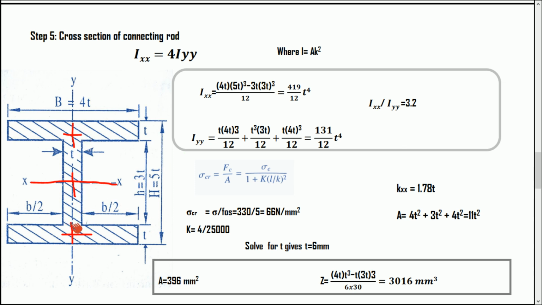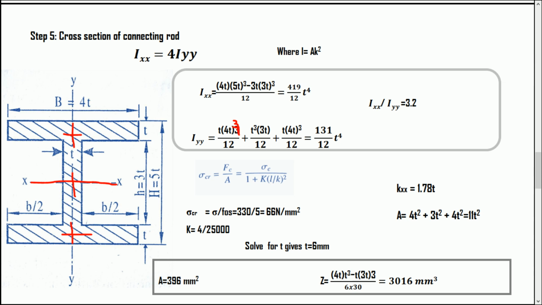If we consider this particular axis, this is going to be the breadth and this is the thickness. That comes t into 40 cube by 12. This is not into 3, it is cube. This has to be cube. Please make a note of that. This is not 3, this is power 3. Just t into 40 cube by 12.